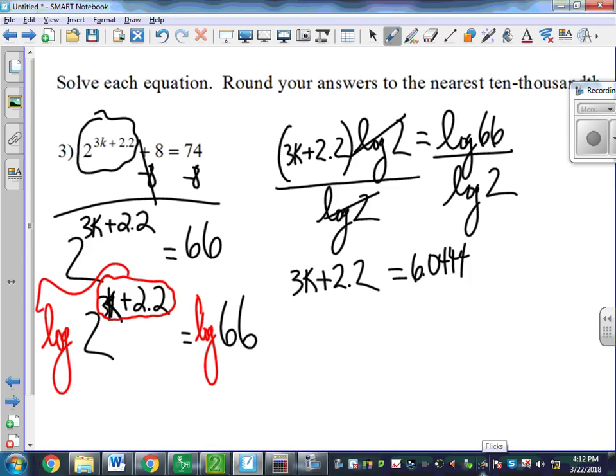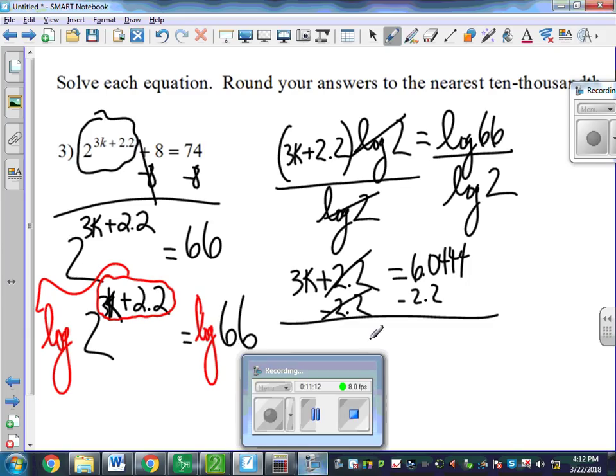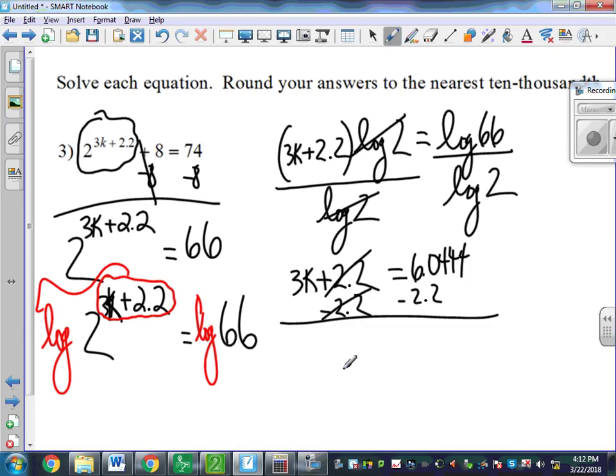Okay, it's pretty much just a basic equation now, right? We just need to subtract 2.2 from both sides. Bada bing, bada boom. Those 2.2s are going to cancel. And now we need to subtract 2.2 from 6.0444. That's going to be 3.8444.